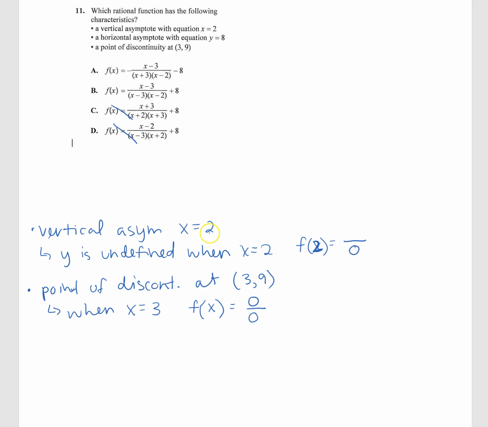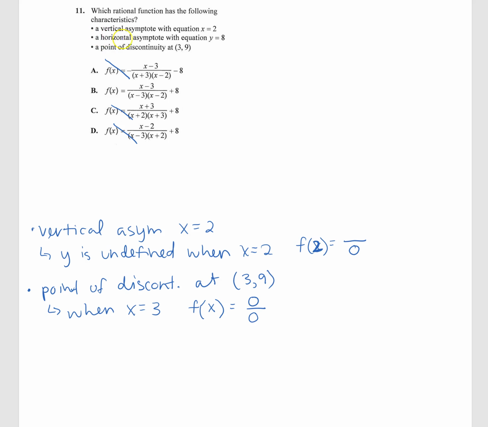Similar to what we did with the vertical asymptote, this time when we plug 3 in for x, we should get a 0 on the top and on the bottom. Looking at these two options, both will have a 0 on the top when we plug in 3 for x, but only answer B will have a 0 on the bottom as well. So we can say that A is probably not the right answer, but we want to check B for this last characteristic, just in case.